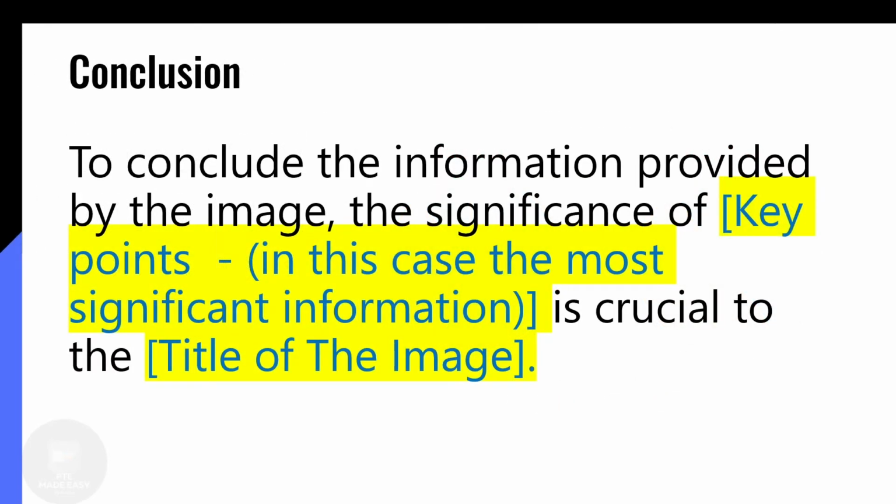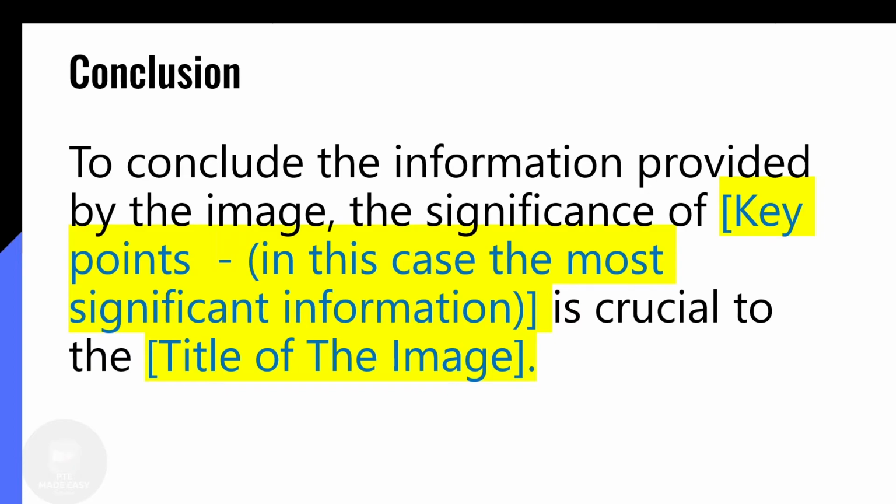Okay, now to the most important part, which is the conclusion. We have seen in the description that we need to have a conclusion. So let's say, to conclude the information provided by the image, the significance of my key point. Here, key point means the most important information that I provided in the third sentence is crucial to the title of the image, which I did provide in the first sentence.